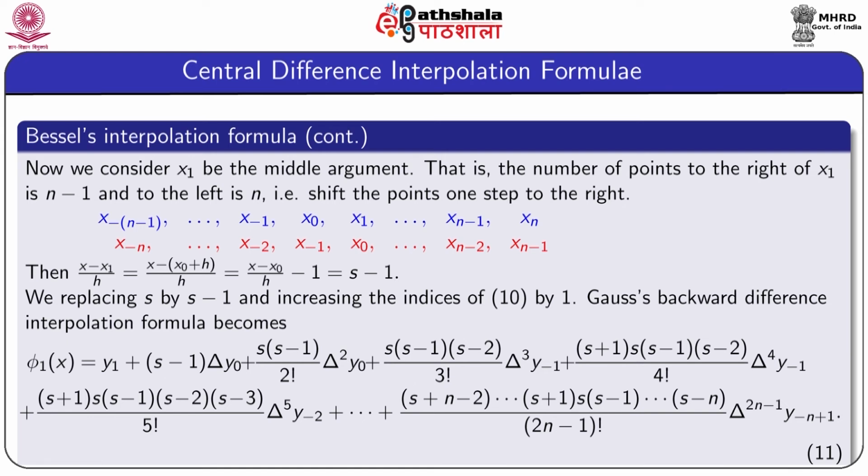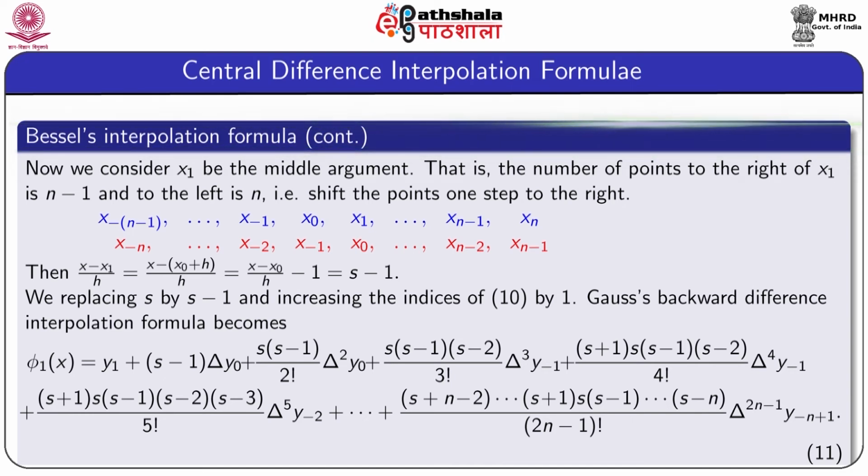For this shifting, the new shifted arguments are marked by red color. That means x0 now becomes x minus 1, x1 becomes x0 and so on. So, in this shifting of the arguments, (x minus x1) by h becomes s minus 1.